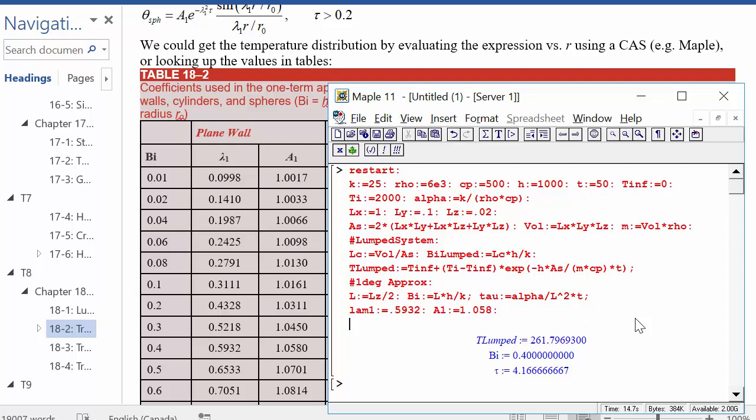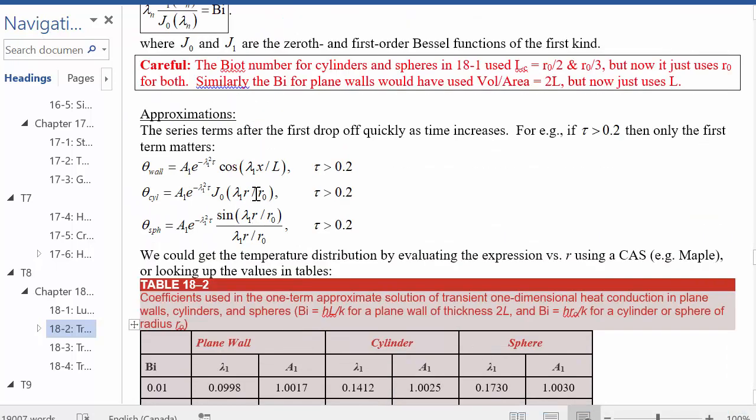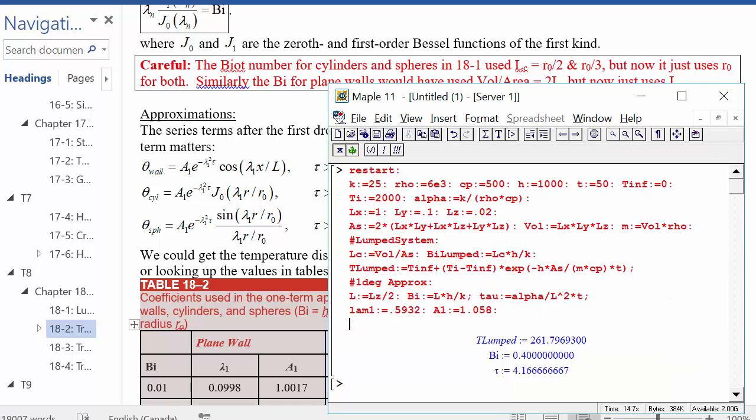Okay, so now that we've got that, we can go in here and calculate what the dimensionless temperature is. So theta z at the center is going to be A1 times e to the negative lambda 1 squared times tau.